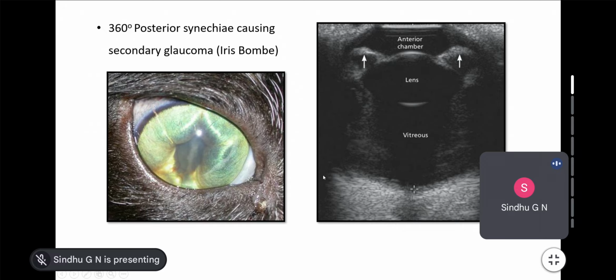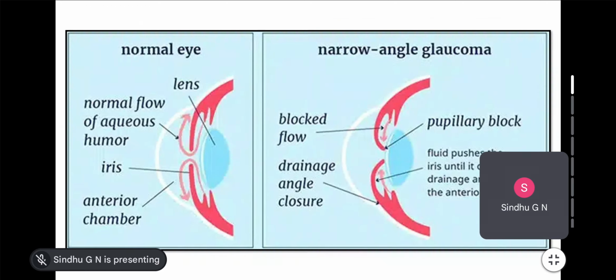In a normal eye, there will be aqueous production between the lens and iris. It will come out through the pupil and will get drained through the iridocorneal angle. So when there is an obstruction or a narrow angle glaucoma, this drainage is affected and the fluid gets accumulated between the iris and lens, causing iris glaucoma.